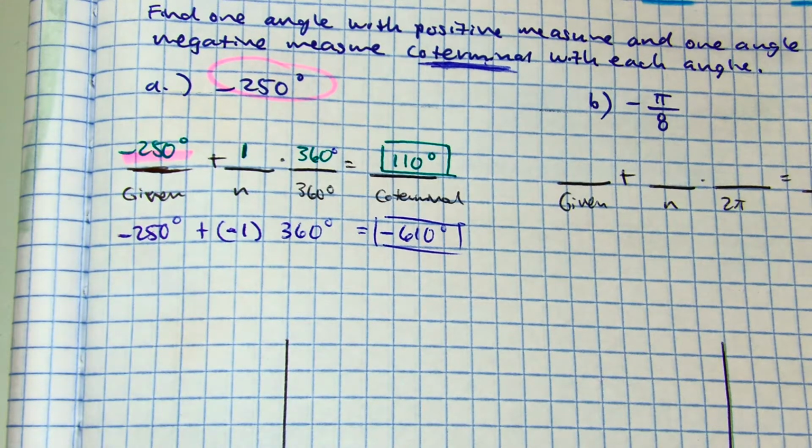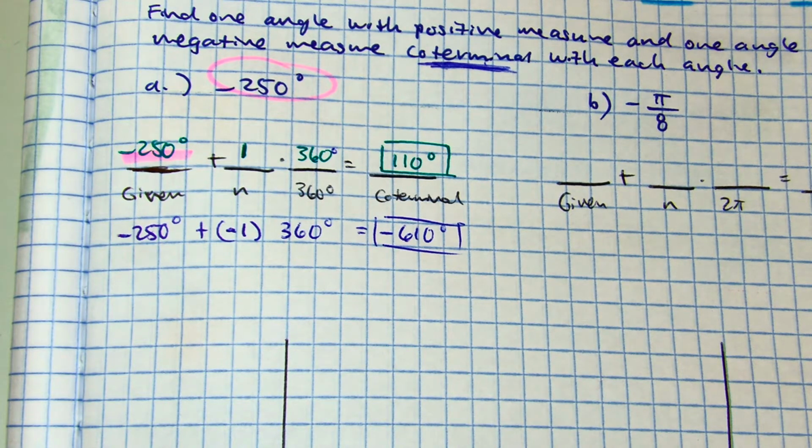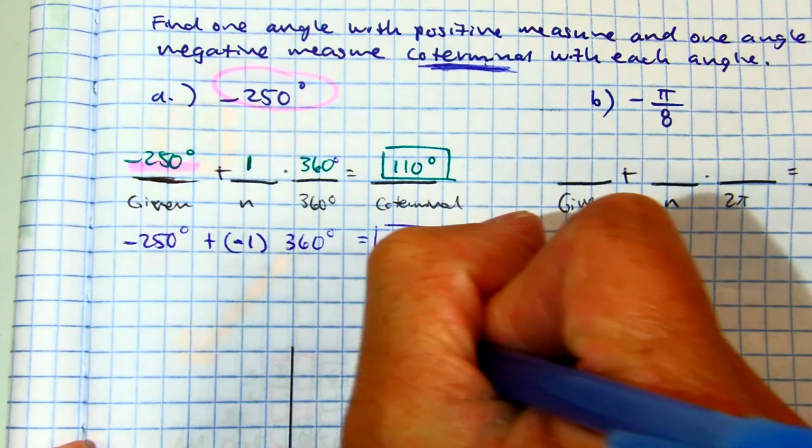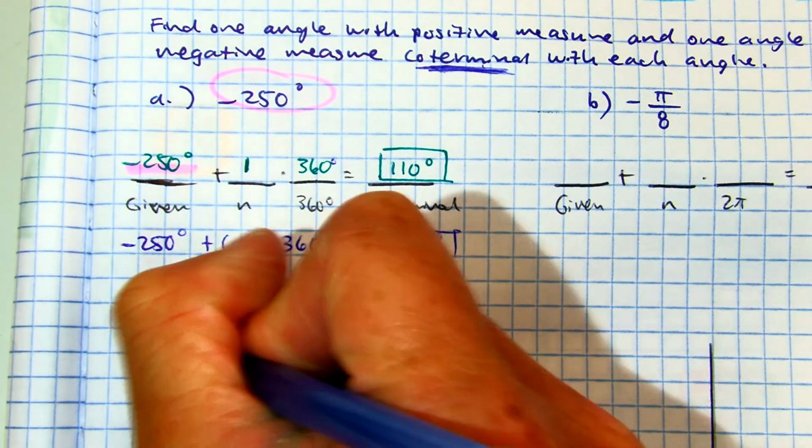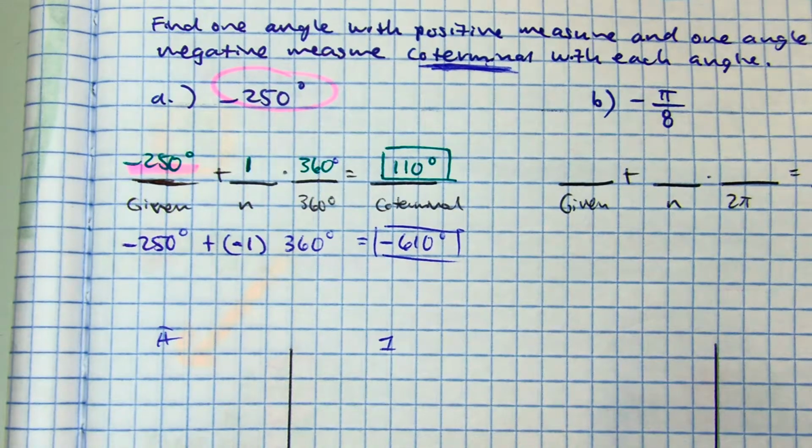And that's between which two quadrants? And? So 1, 2, 3, 4. So between quadrants 1 and 4.